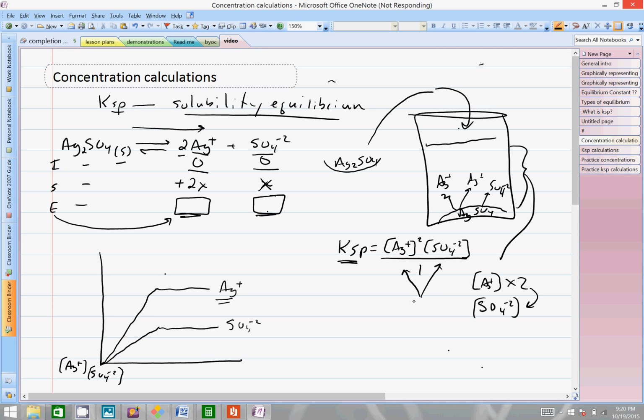To calculate this thing, in this case, looks like my pen froze here.